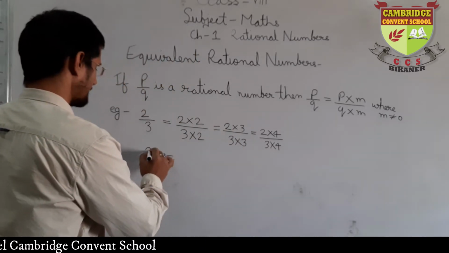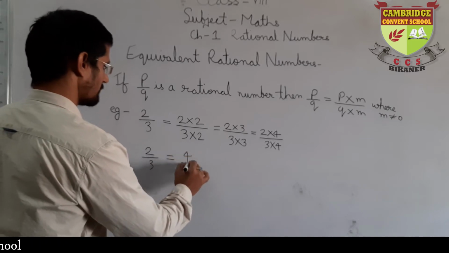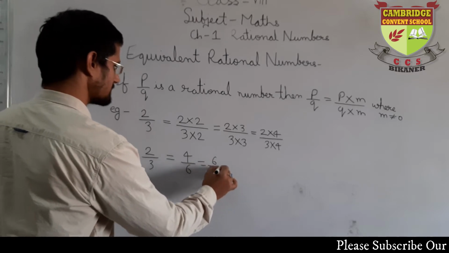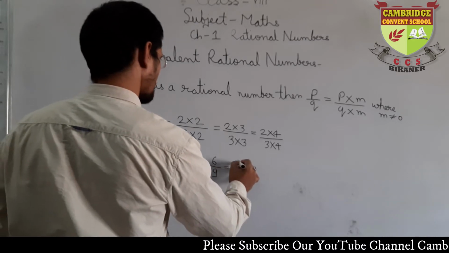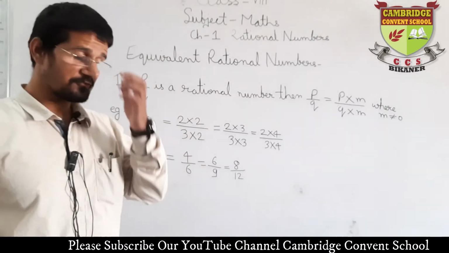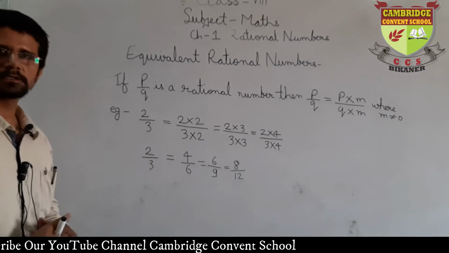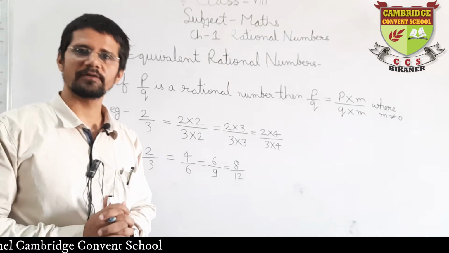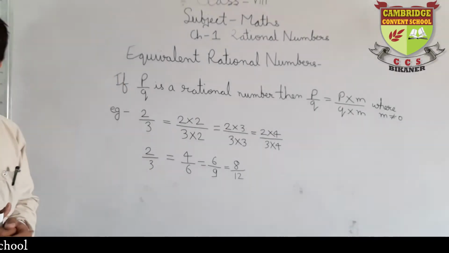So we get 2 upon 3 is equal to 4 upon 6 is equal to 6 upon 9 and 8 upon 12, and we can find infinite rational numbers equivalent to 2 upon 3. By multiplying different numbers, we can find different equivalent rational numbers.